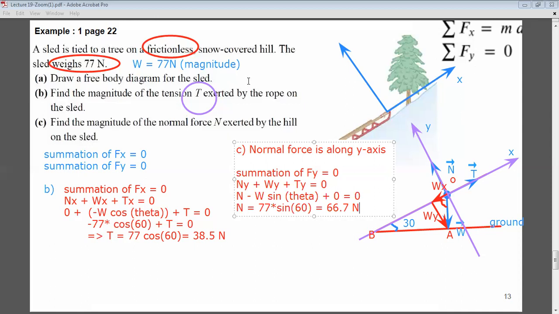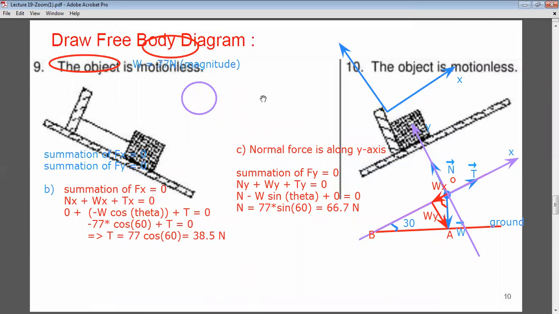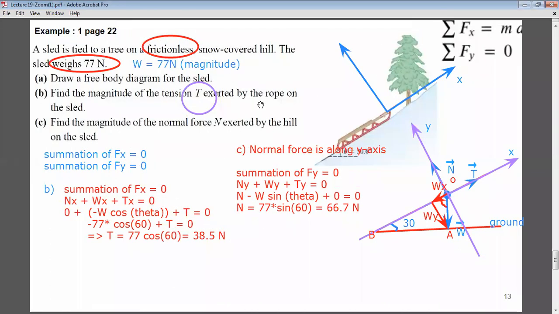So this is a small exercise in how we applied Newton's second law. There was this difficulty with the triangle and the angle over here.